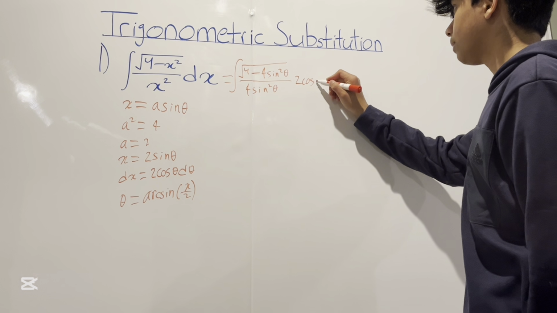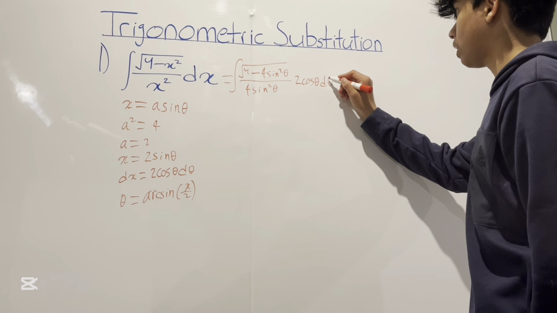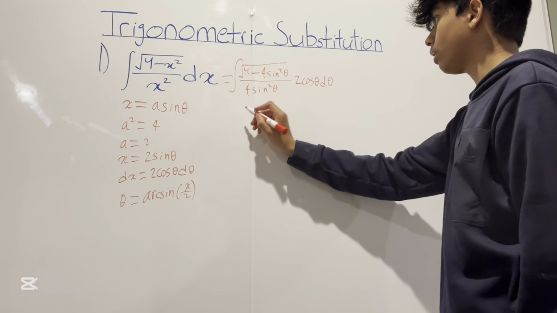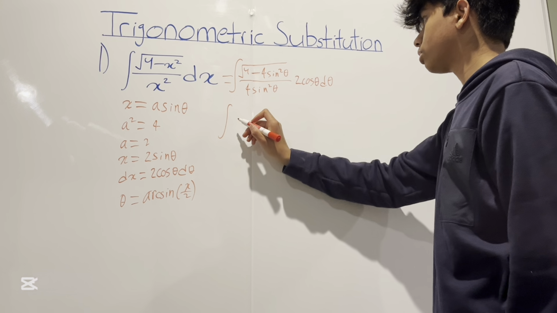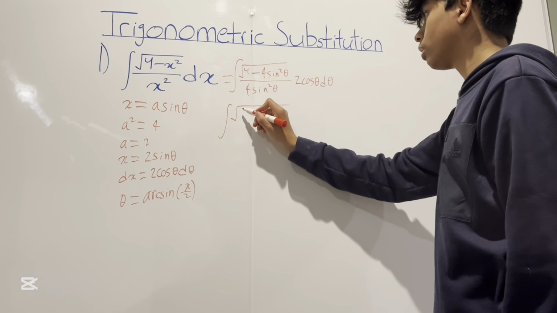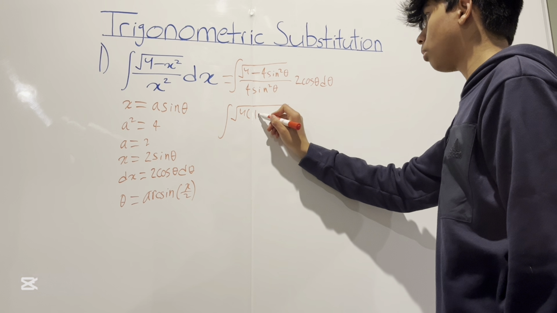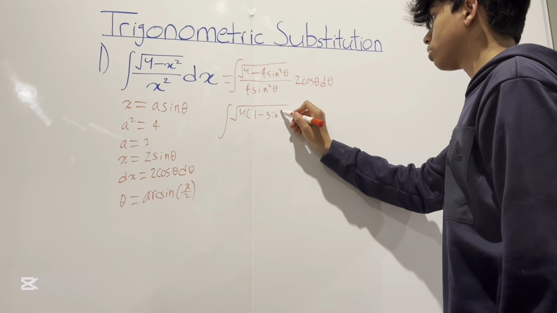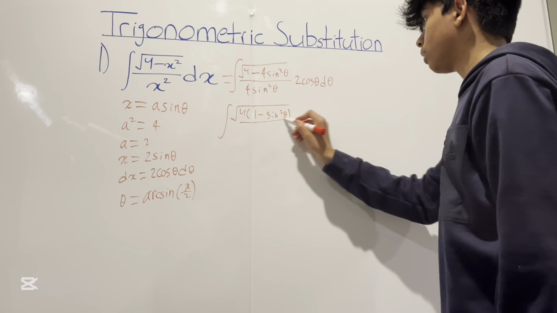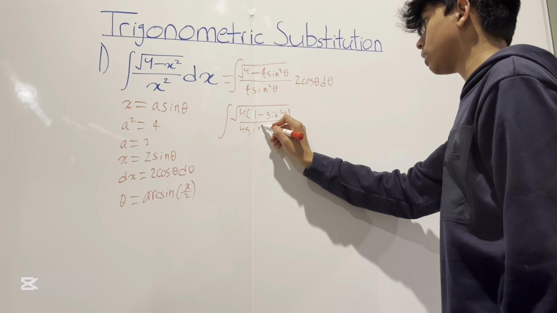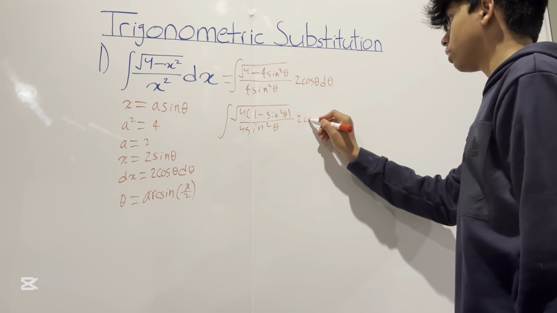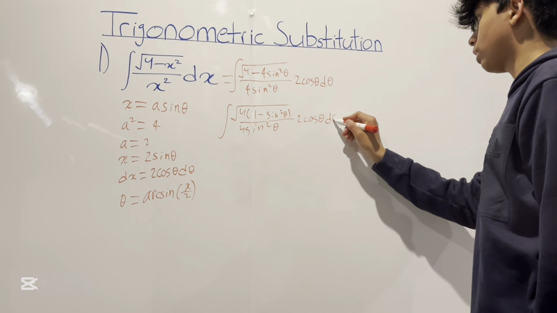This is equal to square root 4 times 1 minus sine squared theta over 4 sine squared theta, times 2 cosine theta d theta.